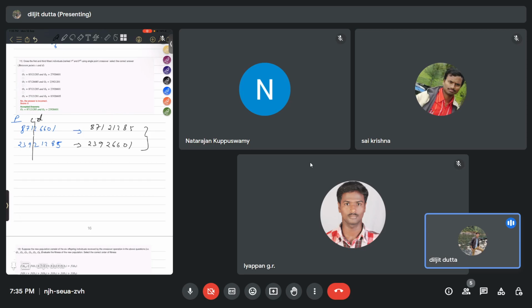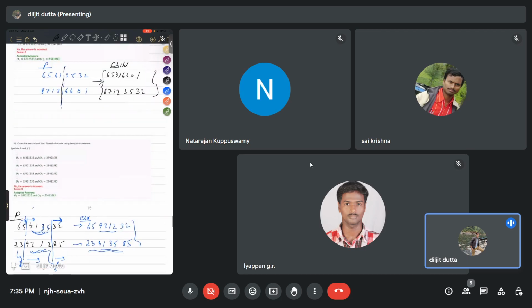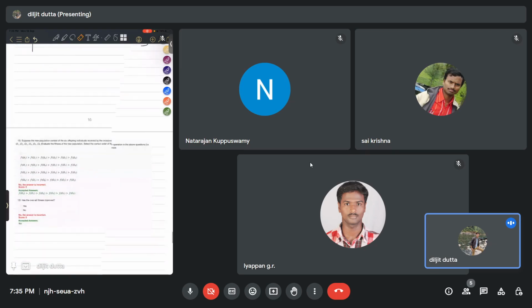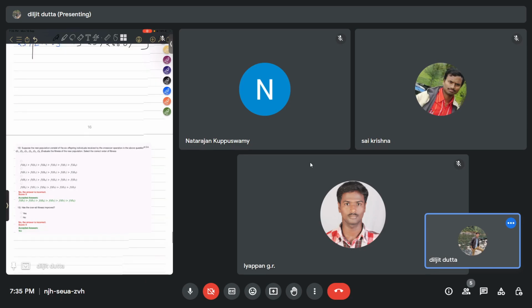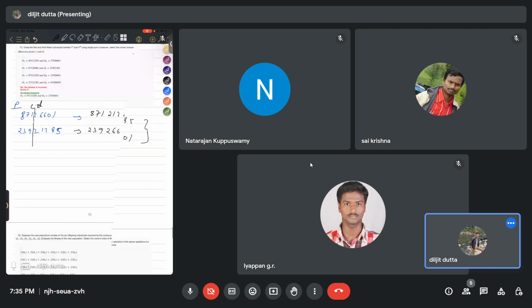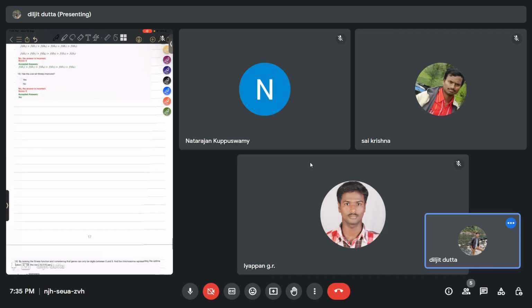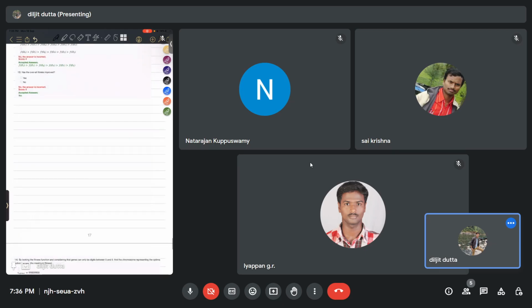So we obtained six new solutions, new children, and our next problem is based on that. The new population consists of the six offspring individuals that received a crossover operation above. Evaluate the fitness of the new population and select the correct order of fitness. Let us write the population first.